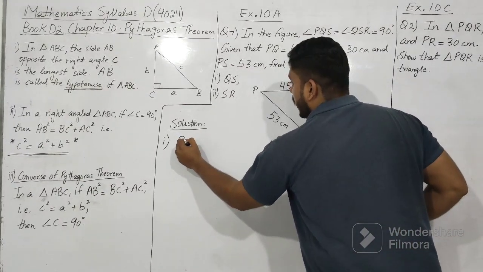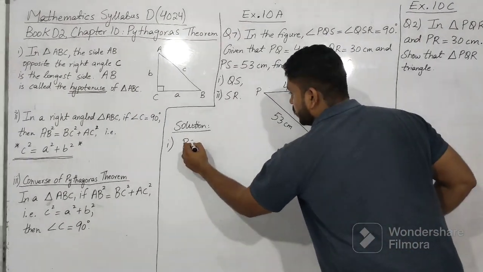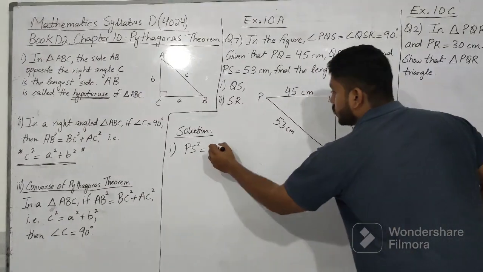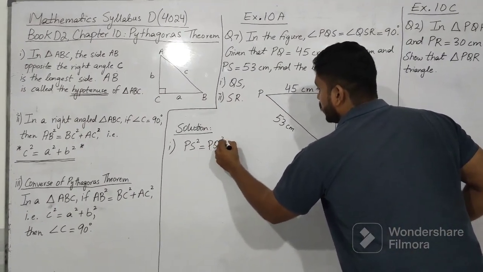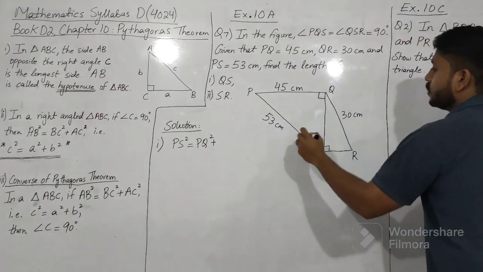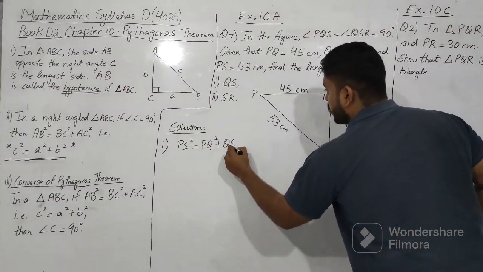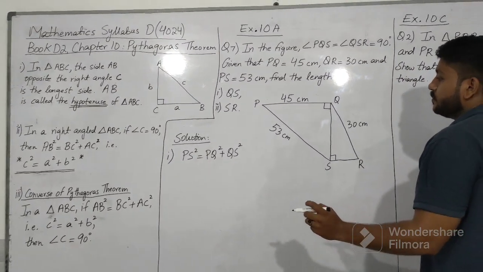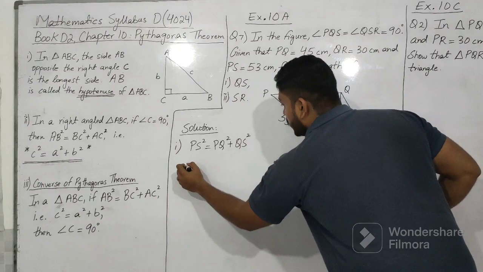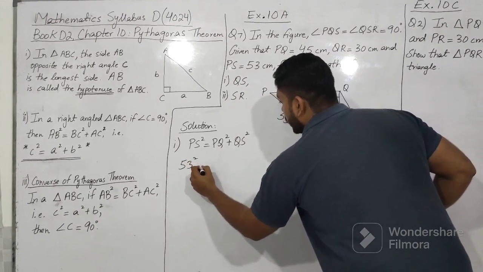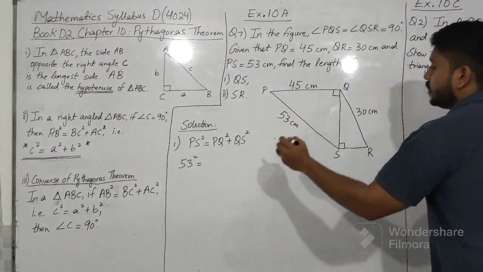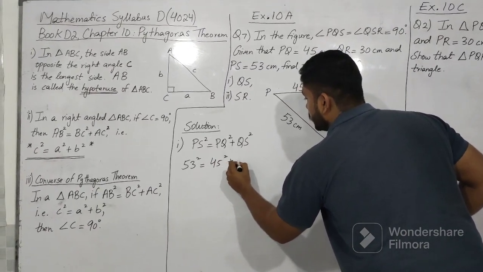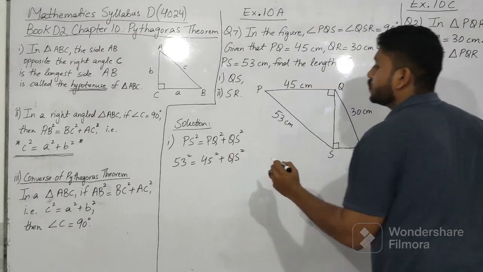PS square equals PQ square plus QS square. Okay, so now we'll fill in the values here. PS is 53 square equals PQ is 45 square plus QS square.